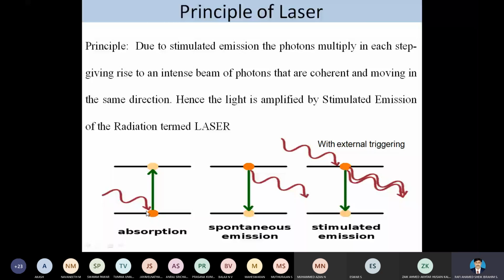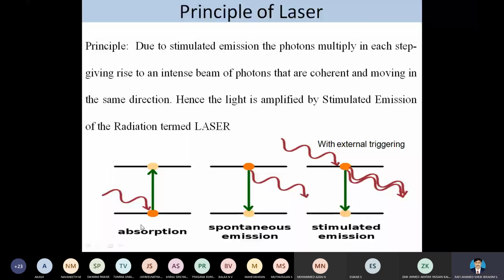After gathering the maximum amount of energy, the ground state particle goes to the higher state. This process is called absorption.